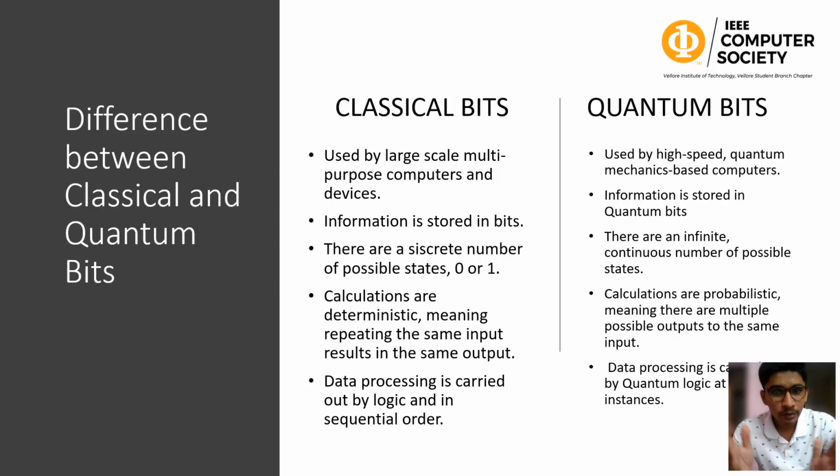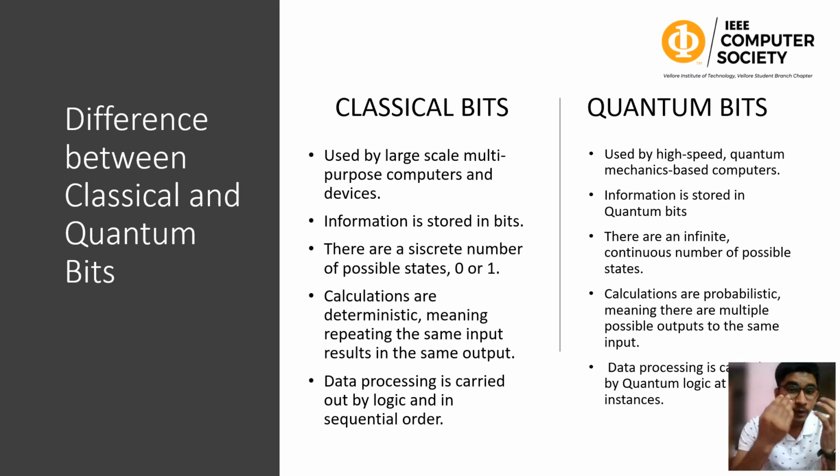First, we'll see a direct comparison between classical bits and quantum bits. In classical bits, we store a large amount of data for the multi-purpose computers that we see today, whereas quantum bits are used by high-speed quantum mechanics based computers which follow the rules of quantum mechanics.